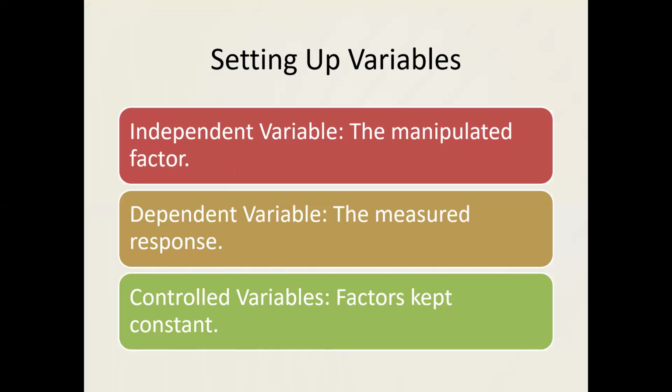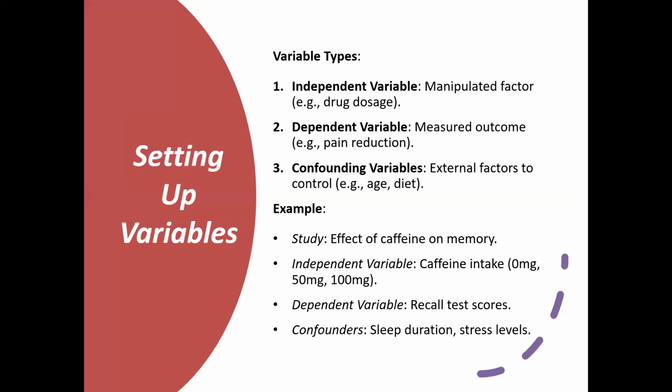Now, if you look at the variables, how you will set your variables and what type of variables. The independent variables are the variables that are being manipulated or tested, the dependent variables are the outcomes or responses being measured, and control variables are the factors that are kept constant to minimize bias.